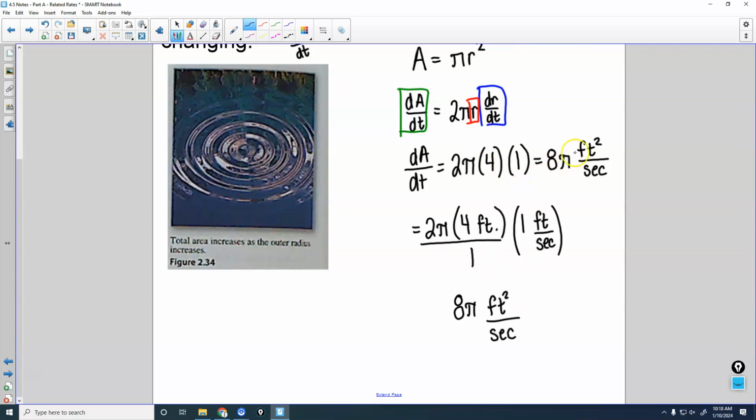You can do it like I did here and just put your units on your answer at the end. But if you include the units in the problem, the units are always going to work out to be the correct units at the end if you treat them like they're a variable and square them and do all that with it. I think that's kind of cool. I don't usually do that in the problem just because it's more to keep track of, but you can.